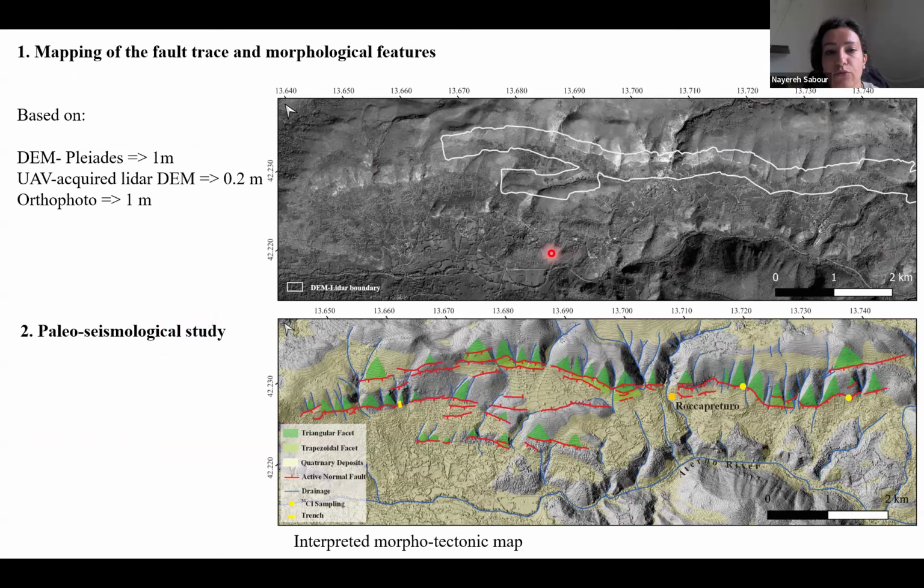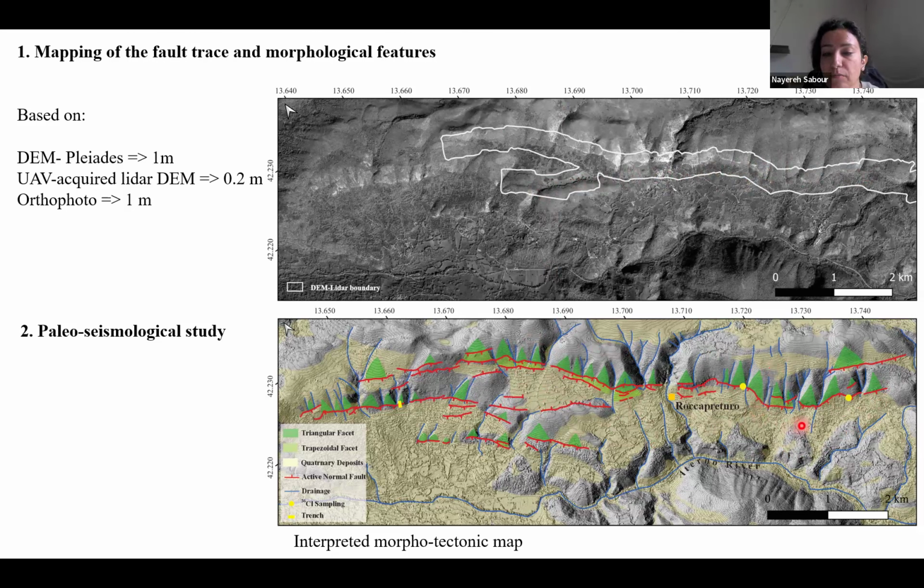Here you can see the orthophoto of our study area, with a limited area where we have a LiDAR DEM, which covers a large part of the fault trace. And here you can see the fault trace mapping of the Rocabreturo fault, with triangular and trapezoidal facets as very important morphological features that I explain in another slide.